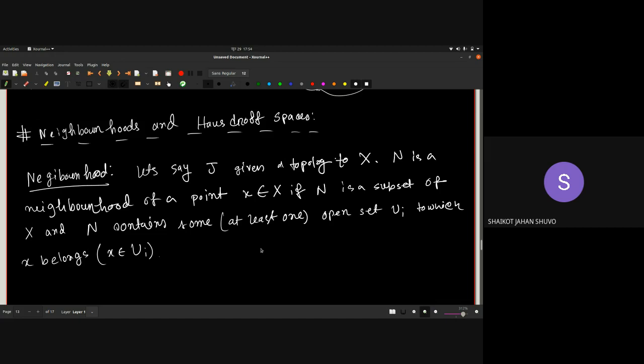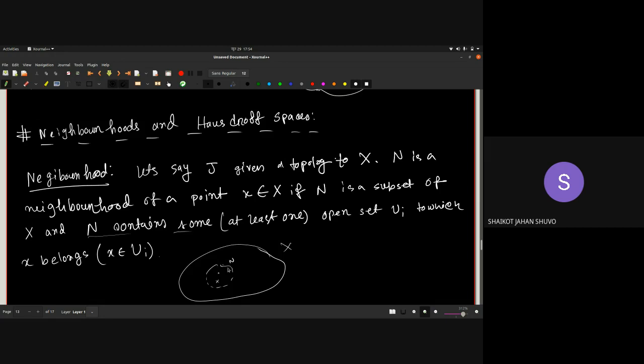So if you have a set like this X, and there is some element of capital X which is denoted with small x, what this definition is telling you is that, first of all, if you want to define a neighborhood of this element x, and you call that neighborhood capital N, it should be a subset of X. Let's say this is my subset N, and N contains some, at least one, open set to which x belongs.